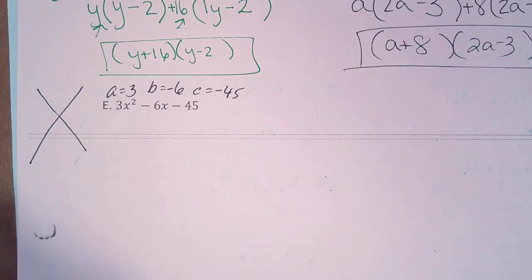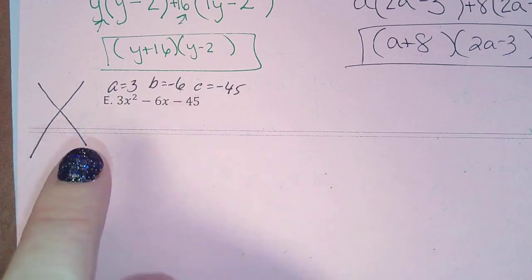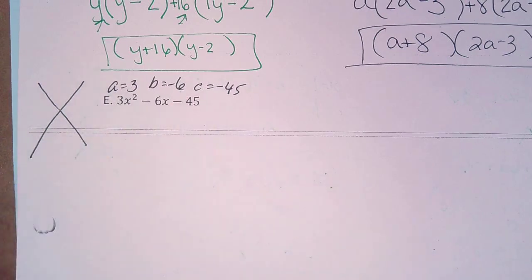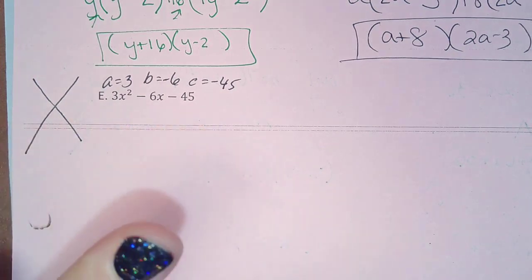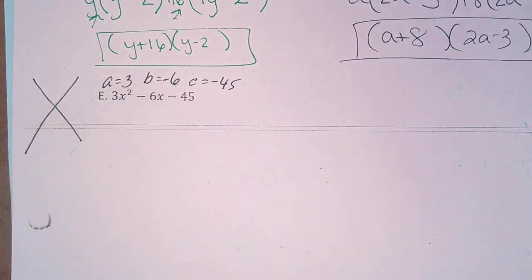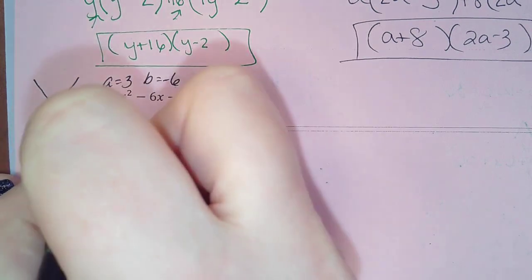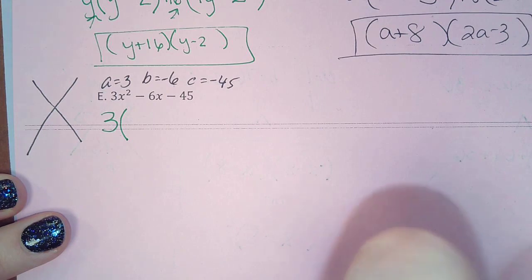Ooh, I am noticing right now though, 3, 6, and 45, those are all divisible by 3. So I could keep working this problem out as is, or I could attempt to work this out with smaller numbers. If I divided it out by 3 right now, then I would be able to use my shortcut.